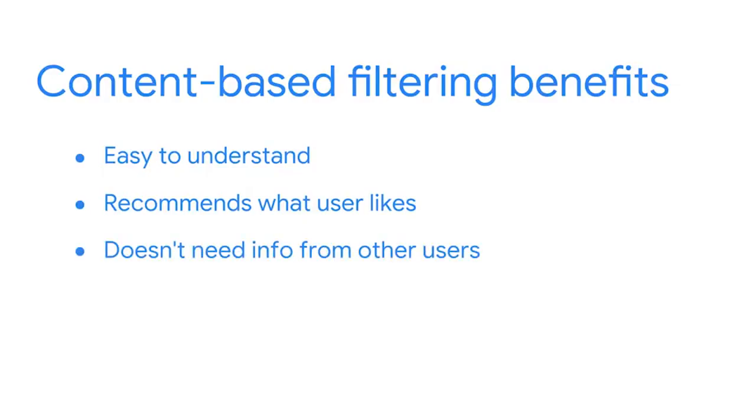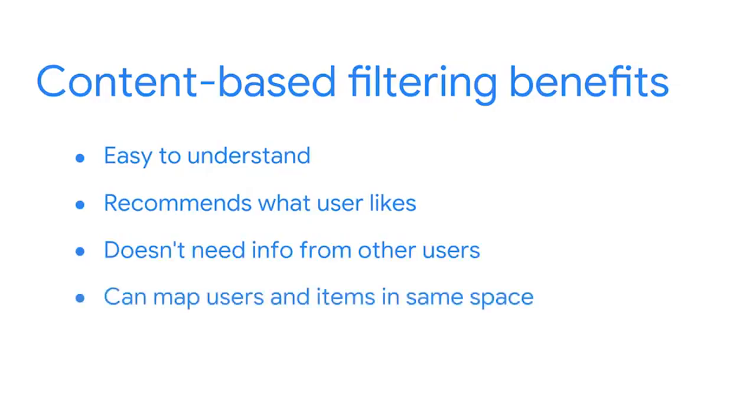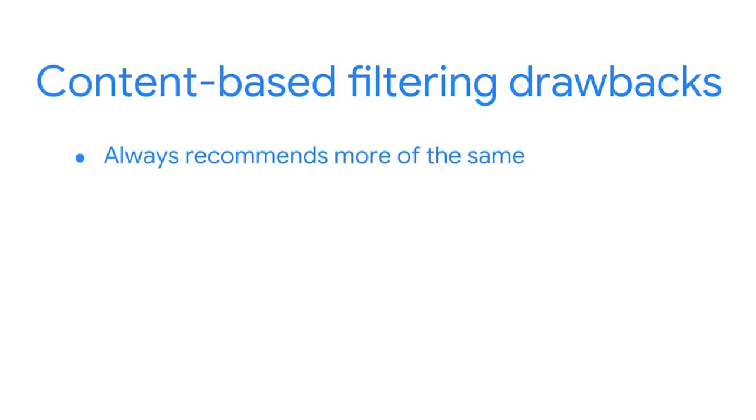Another advantage is that the filtering is not limited to comparing items, like songs. They can map users and items in the same space and then recommend things that are closest to a user's typical preferences. Interestingly, sometimes a benefit can also be a drawback, and vice versa. For instance, the fact that content-based systems always recommend more of the same type of thing can be a drawback.